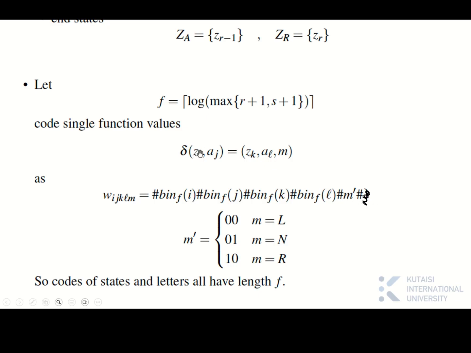I put a hashtag, and then a binary representation of i, maybe 17 or some number. I put 17 in binary, but I fill this binary representation with zeros somehow.